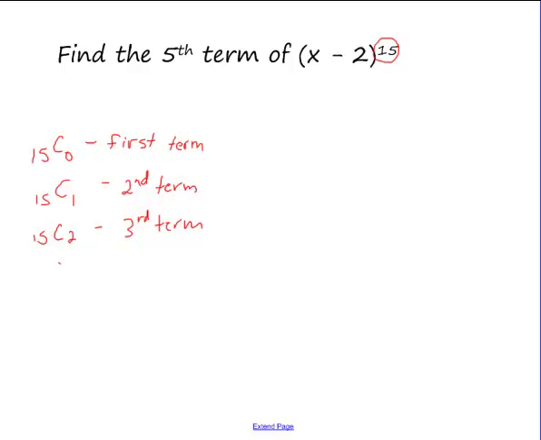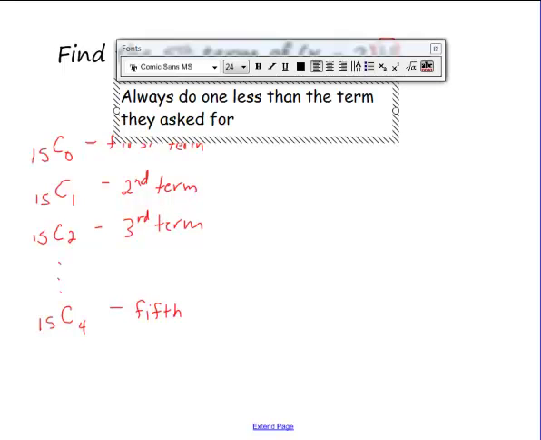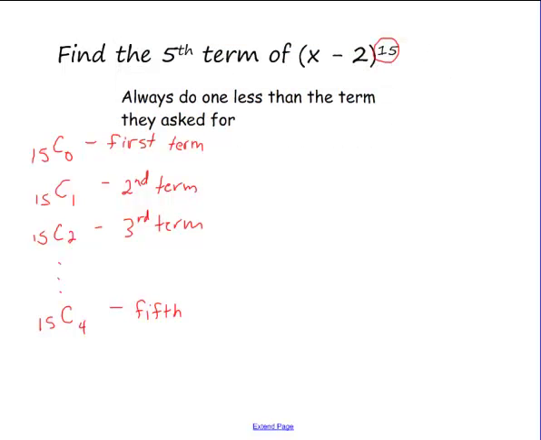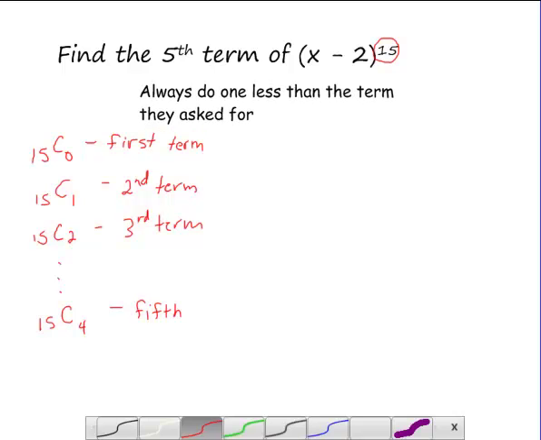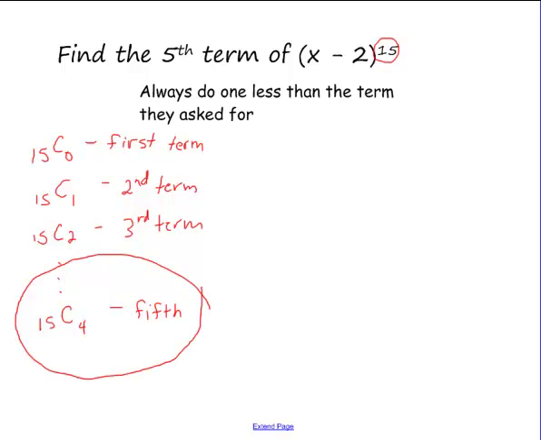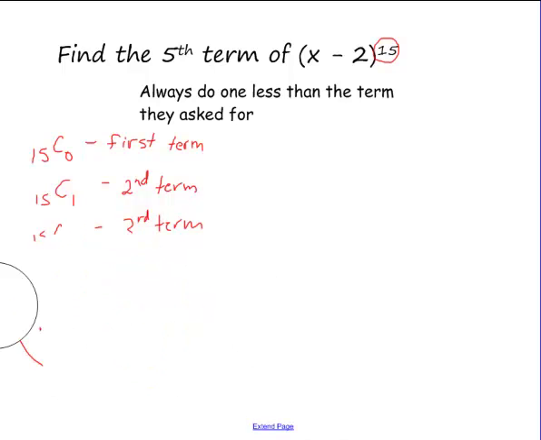So I bet 15C4 would be the 5th term. See, because we had the 0 in here, we always do one less than the term they ask for. So all I have to do is find this one, 15C4. Perfect.